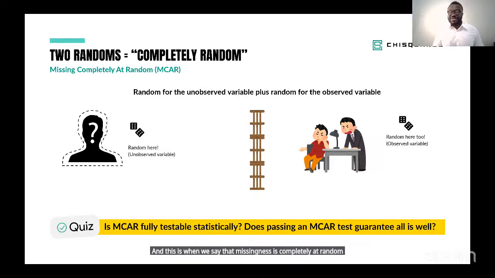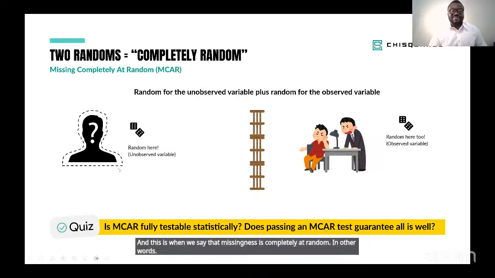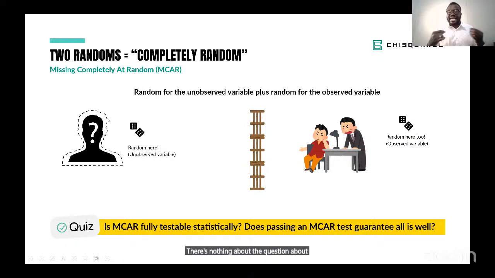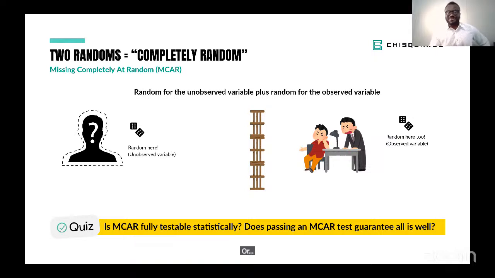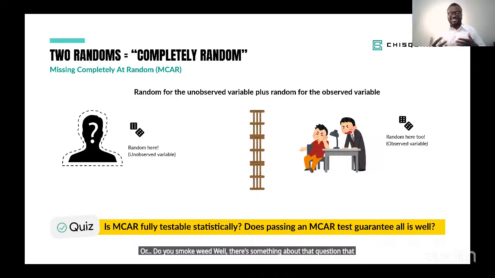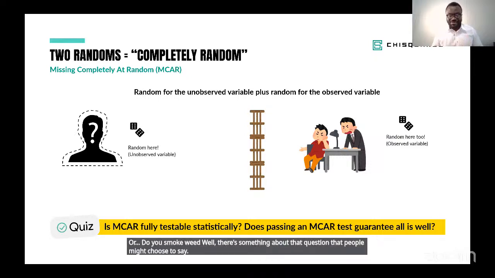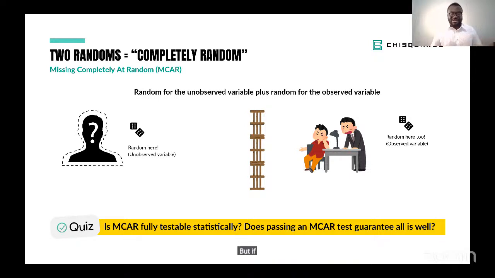In other words, there is nothing about the question that led to it being missing, right? Think of questions that you might ask like, what is your sexual orientation? Or do you smoke weed? Well, there's something about that question that people might choose to say, I don't want to answer that question. But if it's just an ordinary question, like, for example, what is your age?